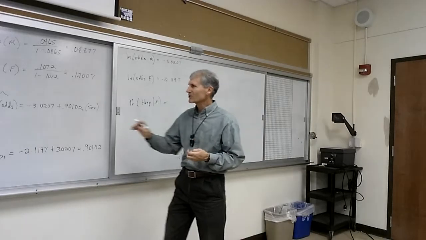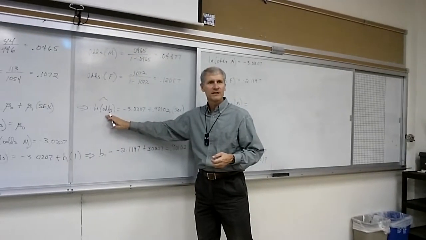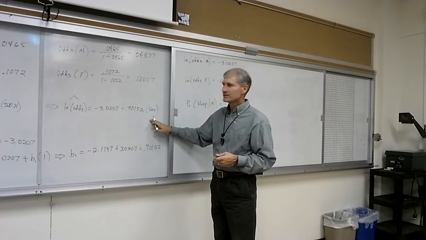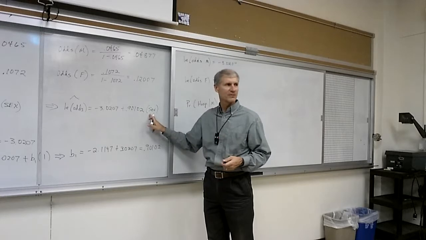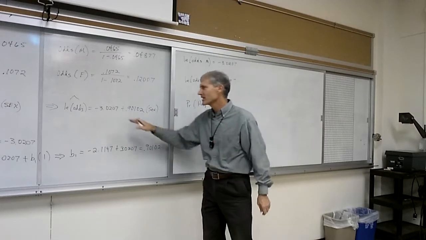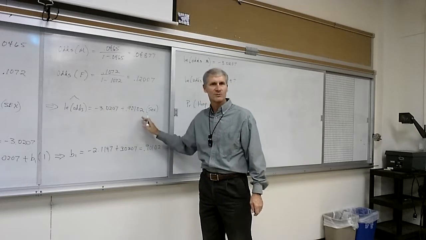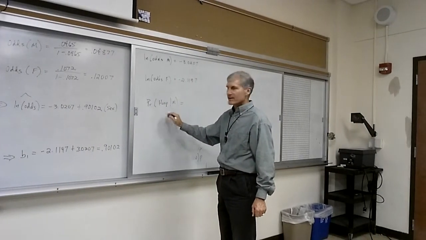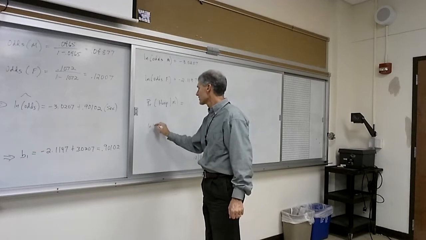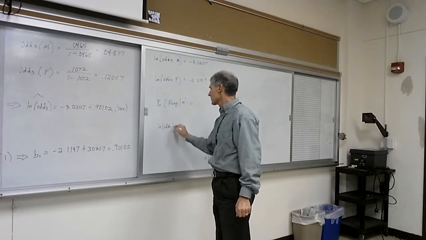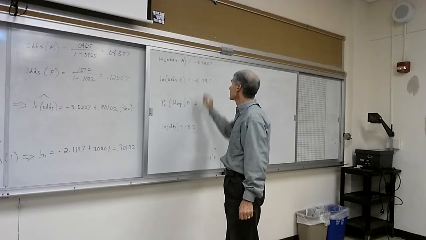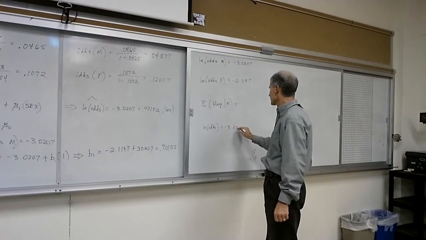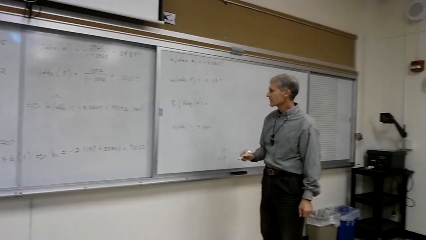Well, I don't know, but I can do log odds, right? So what are my log odds for being male? The intercept, because this term's 0. So the log odds are negative 3.0207. Right?